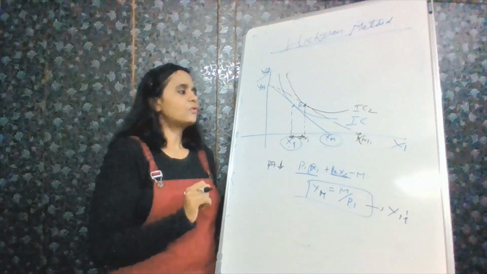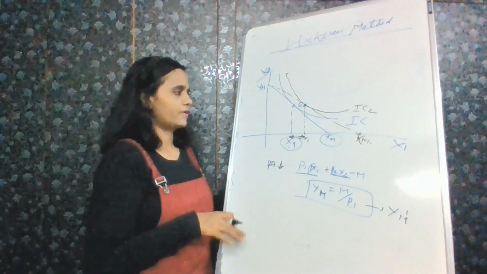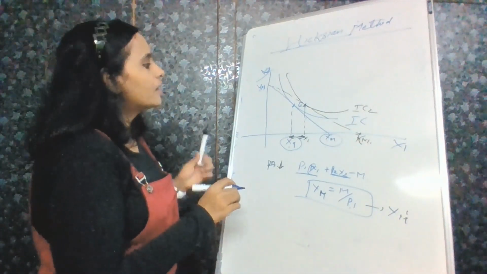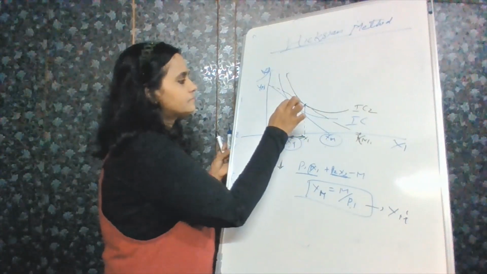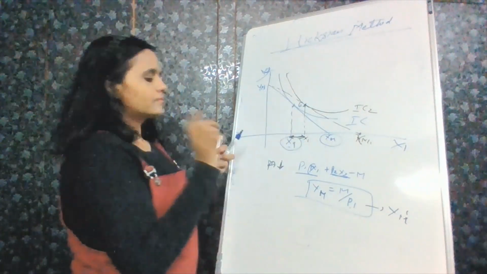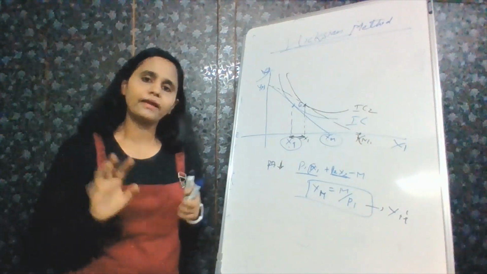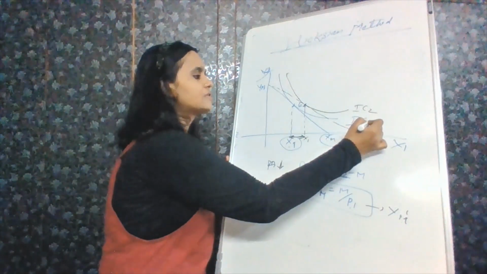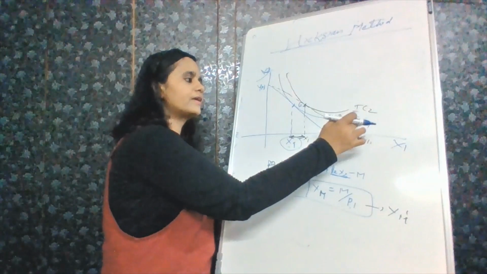Now we have to isolate the substitution effect only and remove any income effect. How do we do that? In order to remove the income effect, our assumption is that utility should not change. You have seen that in the Hicksian method, we assume real income is utility. So in this case, your utility will not change. We have to keep IC1. We are not going to IC2, we are keeping IC1.